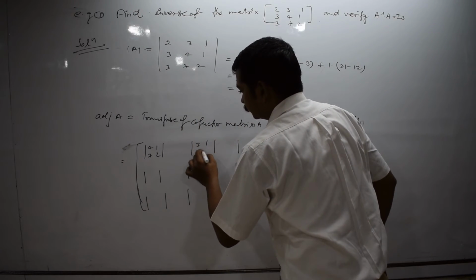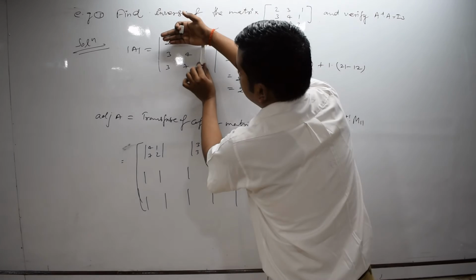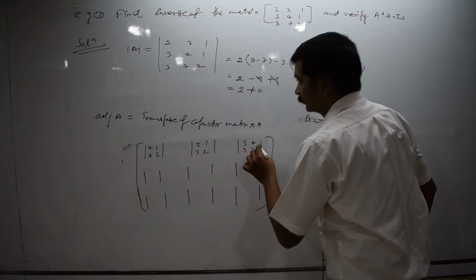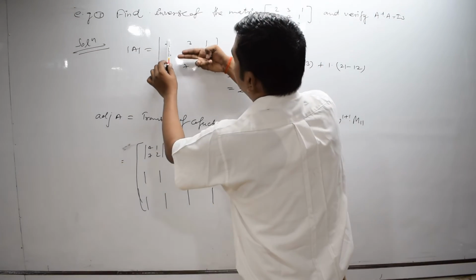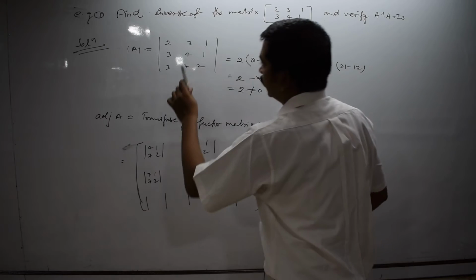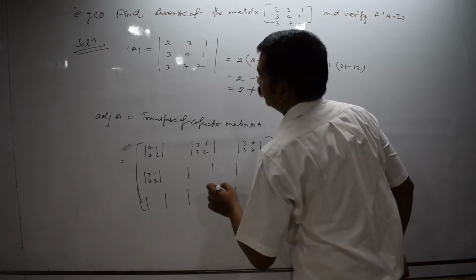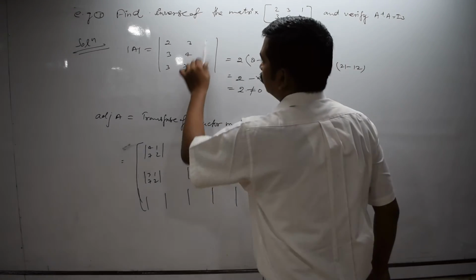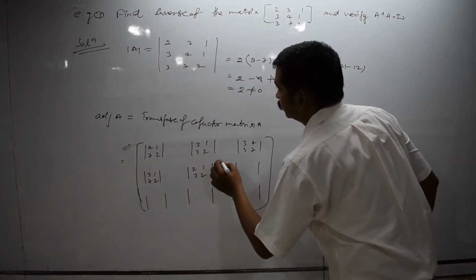With respect to 1, this will be 3 4, 3 7. With respect to 3, this will be 3 1, 7 2. With respect to 4, this will be 2 1, 3 2.